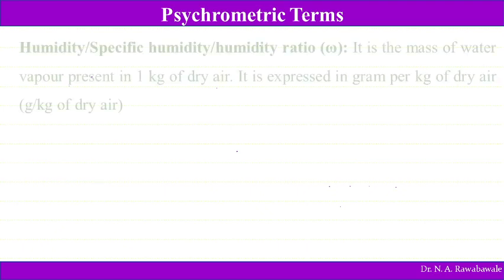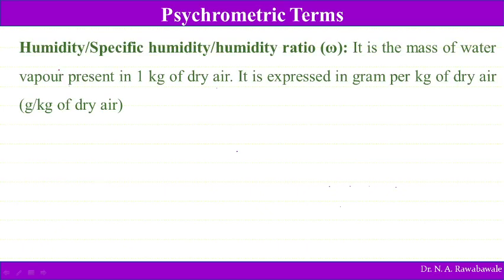Coming to the next term, we want to study humidity. Sometimes it is known as specific humidity, or sometimes as humidity ratio. What is it? It is the mass of water vapor present in 1 kg of dry air. Say for example 8 grams of water vapor is held in 1 kg, so 8 grams per kg.